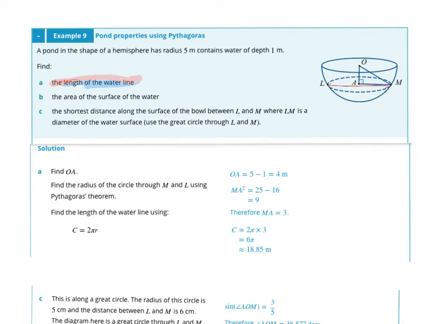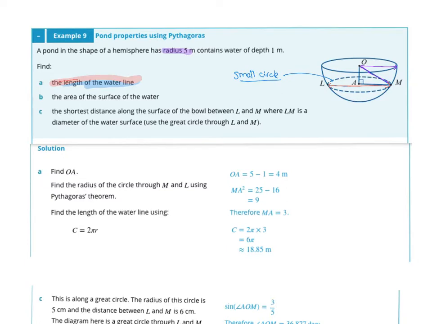So that dotted line is a small circle, so it will not have the same radius as the other one. They said this one has a radius of 5. What they mean by that is if I go from here to here, that's 5.